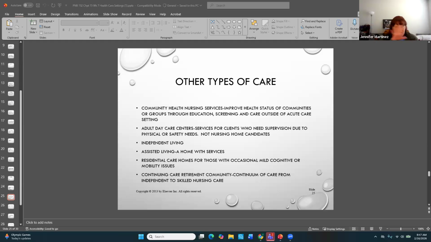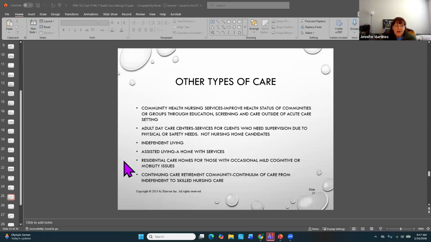Then they can either transition back to the assisted care side or transition to long-term care, depending on the seriousness of the illness and the services they need. But assisted living, they're really nice.